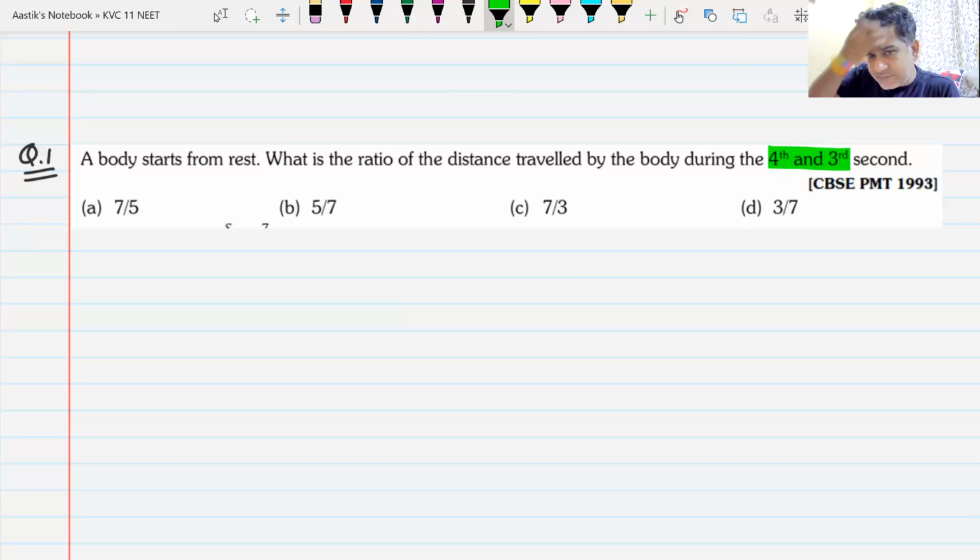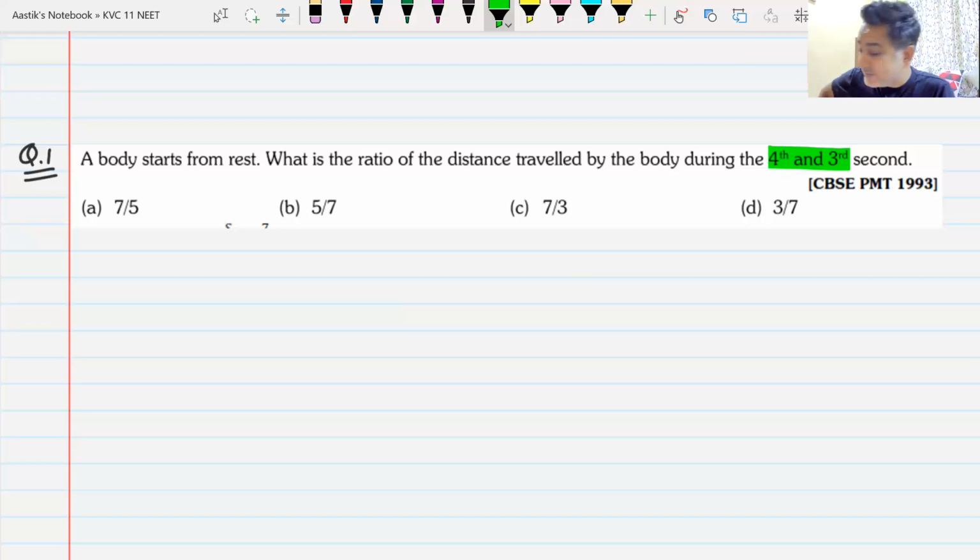Yes, do we have the answer? B, 5 by 7. That means in the fourth second he will travel less, and in the third second he will travel more. Fourth and the third, it is not third and the fourth. It is fourth and the third. A, sir.